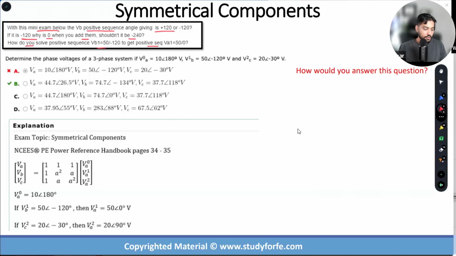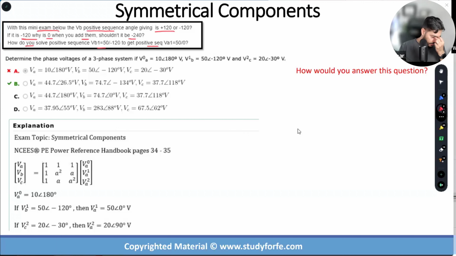And as I've been telling you guys in the past, sometimes just by looking at how a question is asked, you can get an idea of what are those cracks in understanding. So first of all, how do you identify this problem? This is right from the top a problem dealing with symmetrical components, correct?